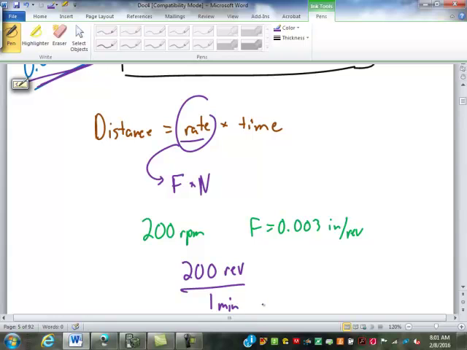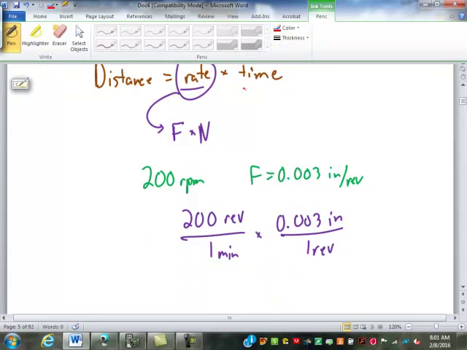RPM, remember, means revolutions per 1 minute, times 0.003 inches per single revolution. Now notice I'm writing it out the long way just to show you revolutions cancel out here. 200 times 0.003 is 0.6 inches over 1 minute. That's 0.6 inches per minute. So that is giving us a speed.